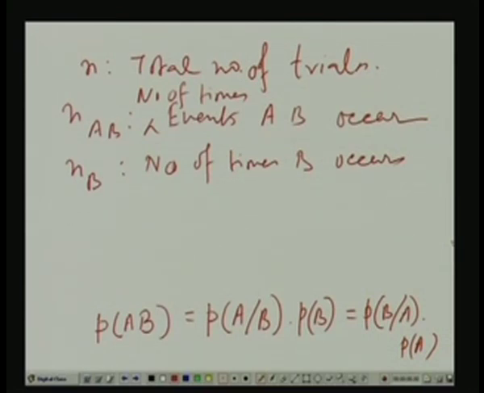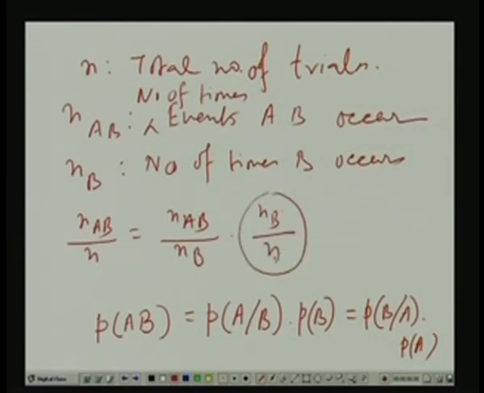Then you have seen that the joint probability of the event A B is nothing but N A B by N, which you can write as N A B by N B times N B by N. Now, if N is large, N B by N is simply the probability of B, and N A B by N B, what is it? N B is the total number of trials for which the event B is held fixed.